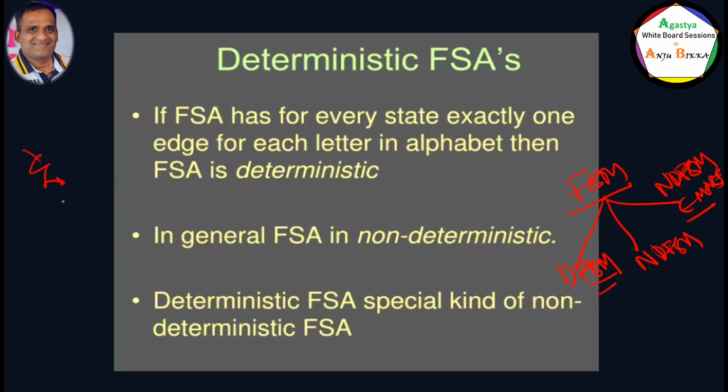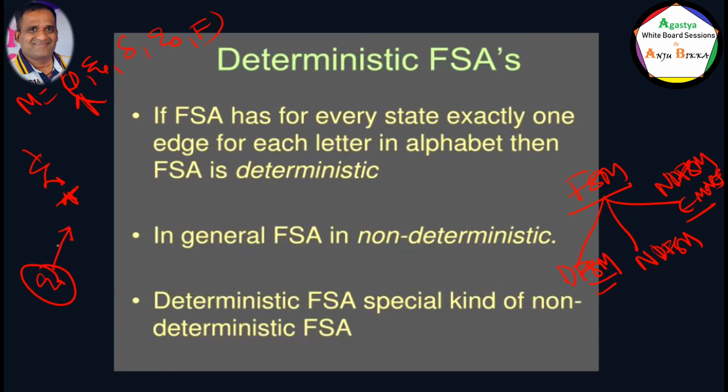Whenever we define Q, sigma, transition function delta, q0, F, if you take any state which belongs to Q, the set of all states, there are going to be outgoing edges.